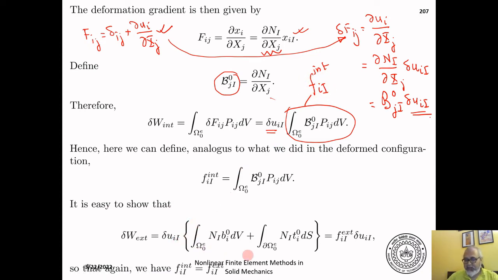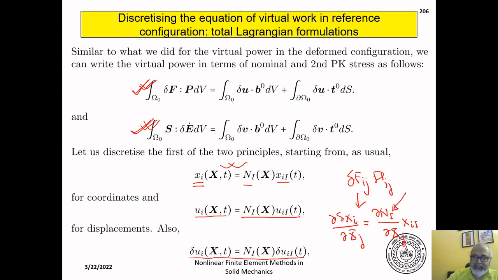Similarly, you have the work done by the external forces. Remember that now we are using the pulled back BI0 and TI0, the traction and body force components that are appropriate for the stress measure that we have used. In this case, the stress measure that we are using is P. So this B0 and T0 have to be commensurate with the stress measure that we are using.